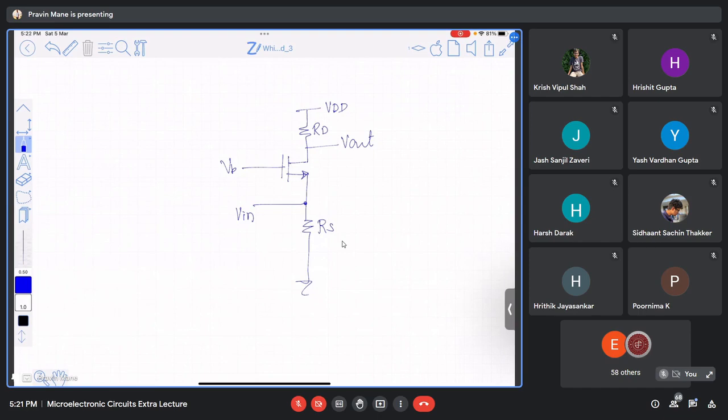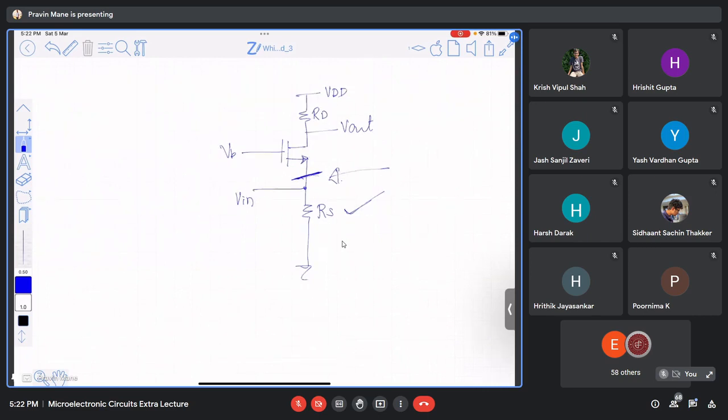So we might have to do it by finding the GM. Now the issue here is, is this RS going to play any role in the circuit operation? Suppose I open it here and try to find out the Thevenin's equivalent of this circuit. What does the Thevenin's equivalent consist of?